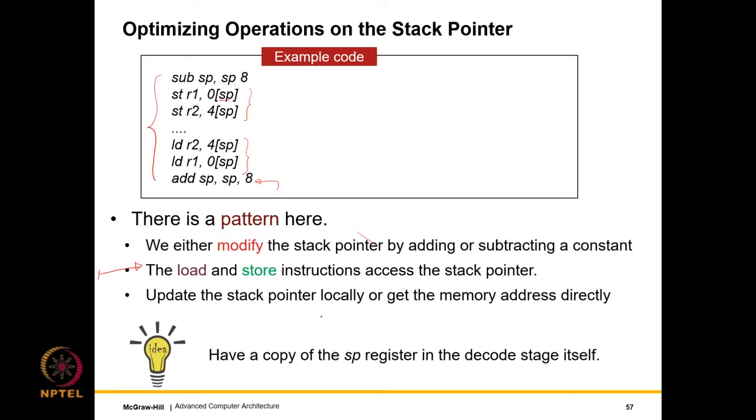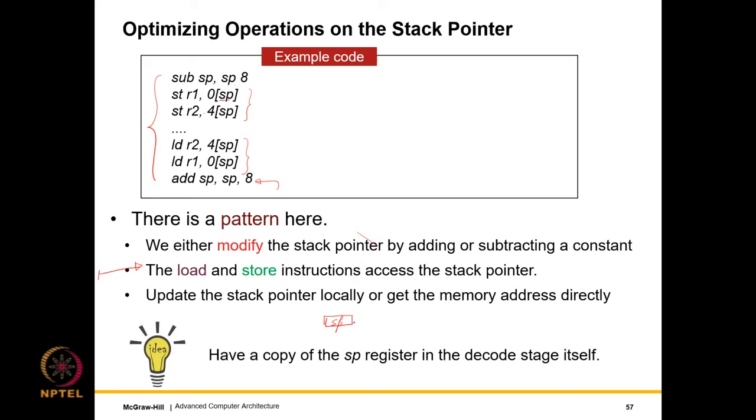create or keep a small copy of the stack pointer in the decode unit itself, and anytime we find an instruction of this nature, we quickly subtract 8 from the stack pointer. Anytime we find an instruction of this nature, we quickly add 8 to the stack pointer, right?